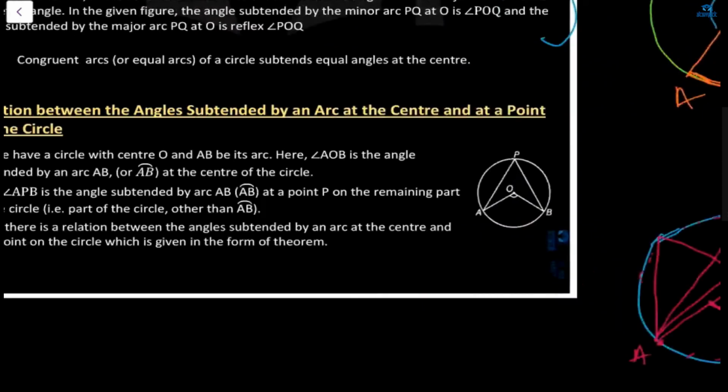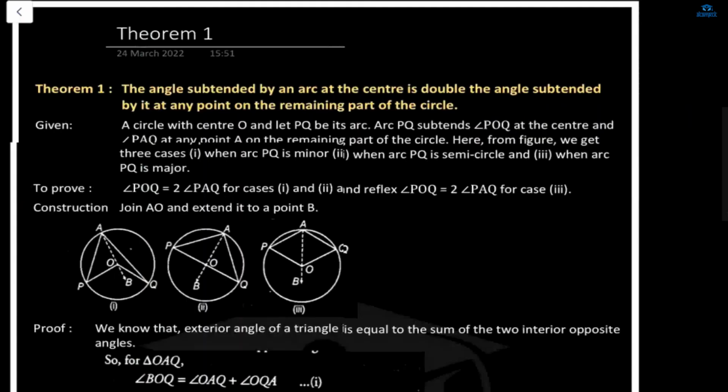Now we'll study the theorem to understand the relationship between the angle subtended by an arc at the center versus at any point of the circle. The angle subtended at any point of the circle is half the angle subtended at the center.